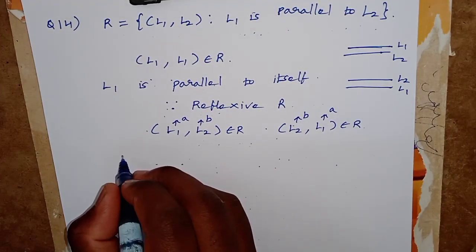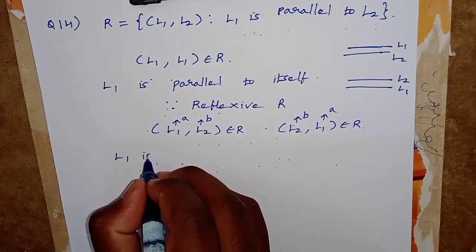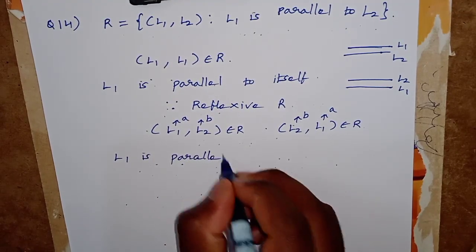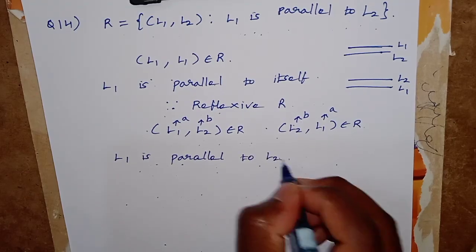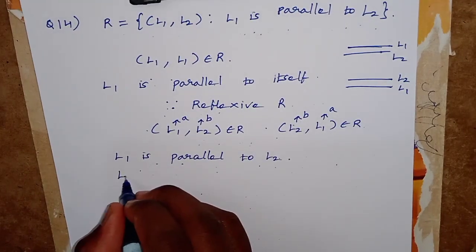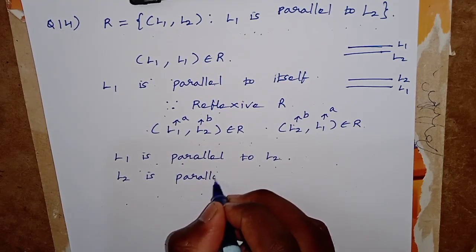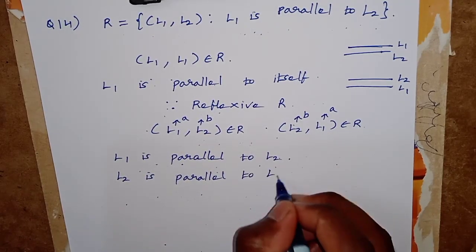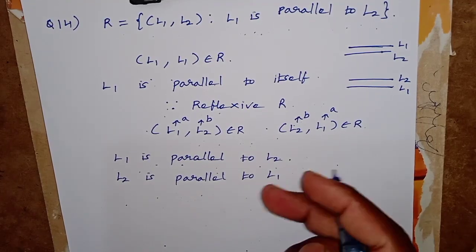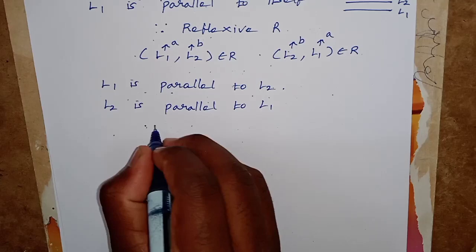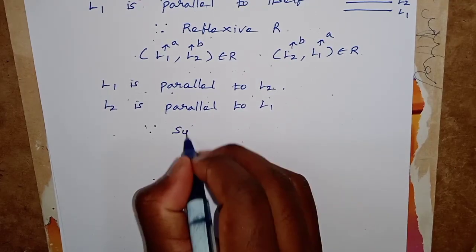Therefore, you have to write L1 is parallel to L2, again you have to write L2 is parallel to L1. You have to write both the terms. Therefore here it is a symmetric relation.